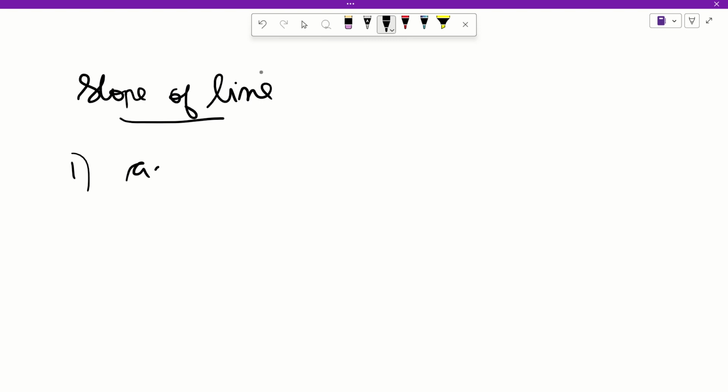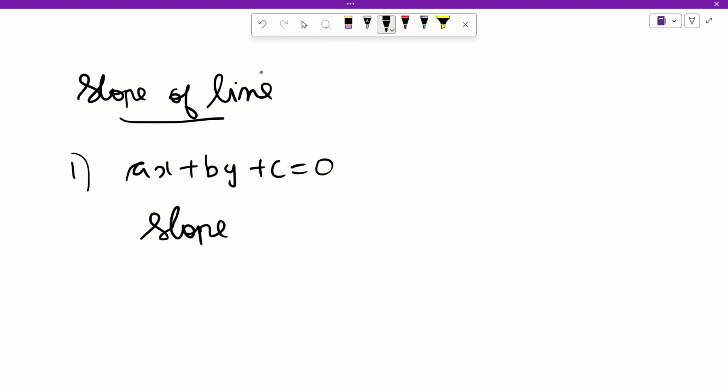First of all, we are going to start with slope of line. The first case we need to study is this. We have an equation ax plus by plus c equal to 0, right? In this equation, we will be asked to find the slope of this particular line.